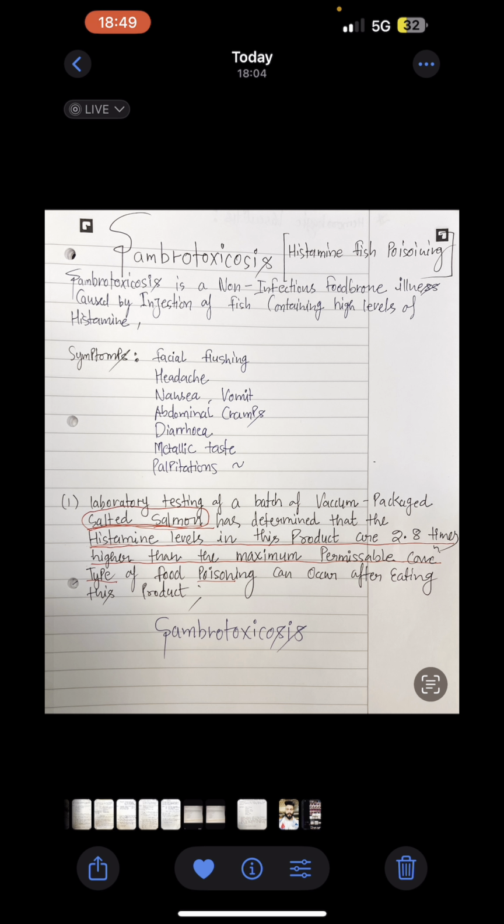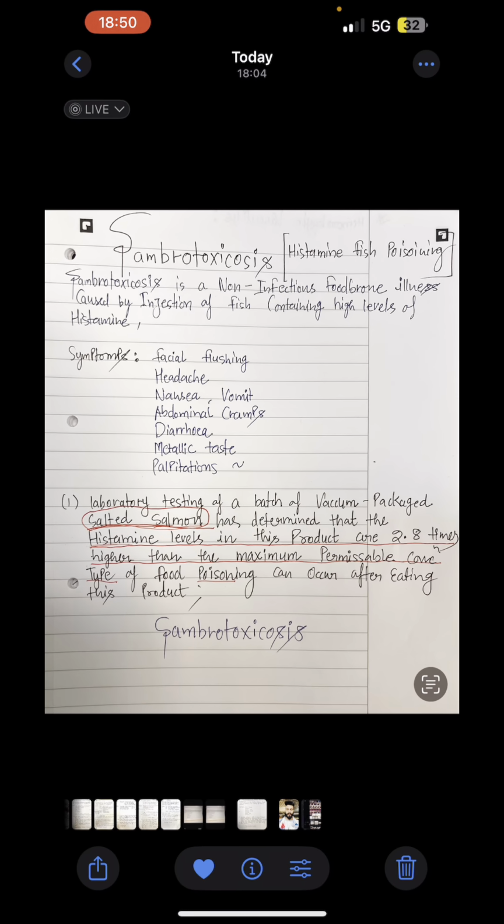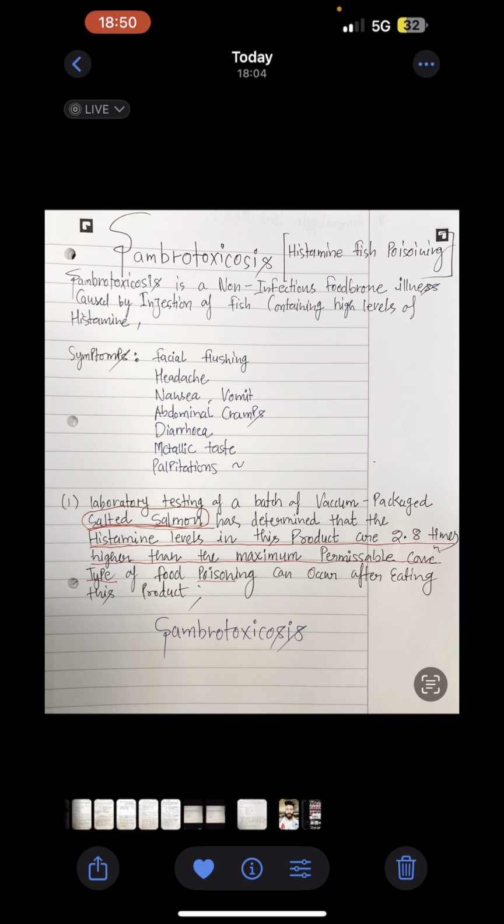So we know already in this question that the patient ate fish, salmon, and the histamine level in this product is 2.8 times higher. So the problem is with the histamine. When you do not remember any concept from me, just get back to the definition and you will be able to think better. As the definition says, it is the problem with the ingestion of fish containing a high level of histamine. So the question is explaining it very well.